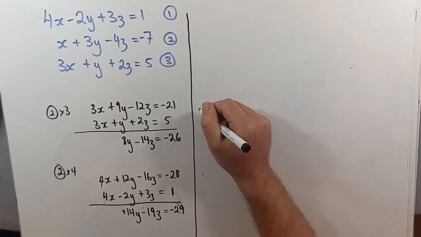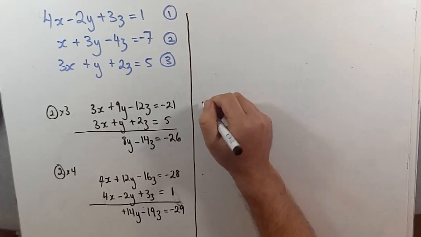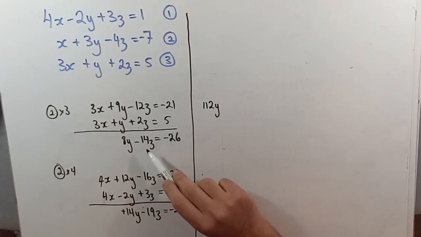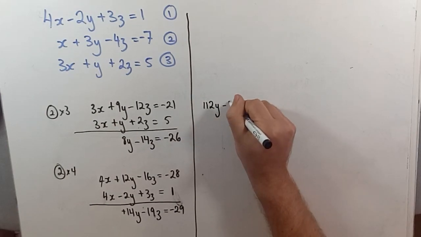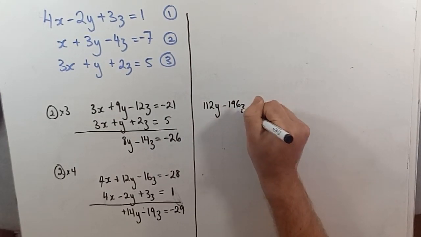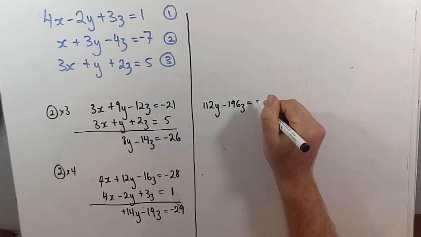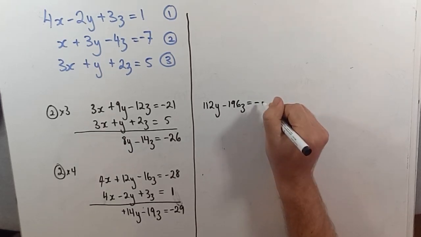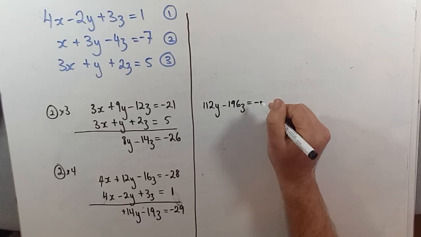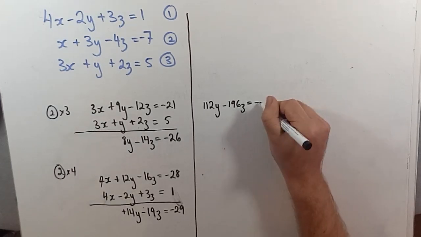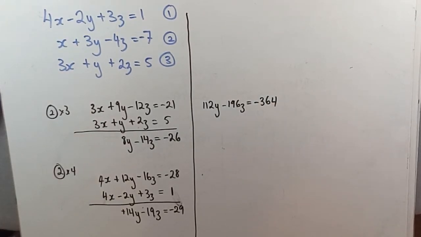So I'm going to have to multiply this one by 14. So I've got 14 by 8, which is 112y, and then 14 times 14 is 196z equals negative 26 times 14. I'm going to have to look that up. Negative 364. Is that right? 26 times 14, yeah, 364. Hopefully that's right.